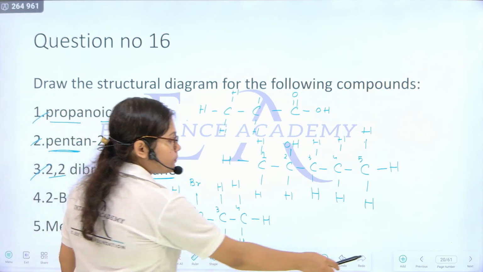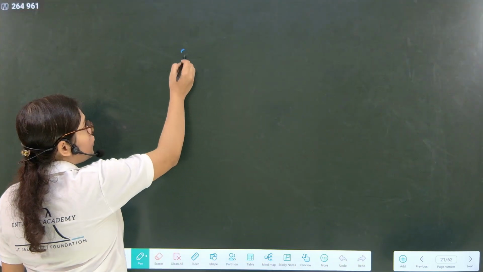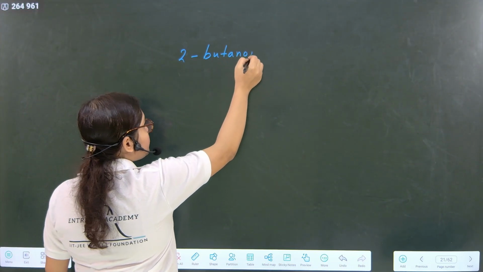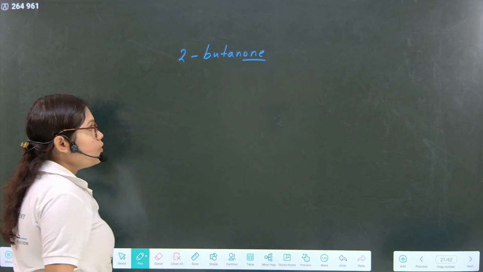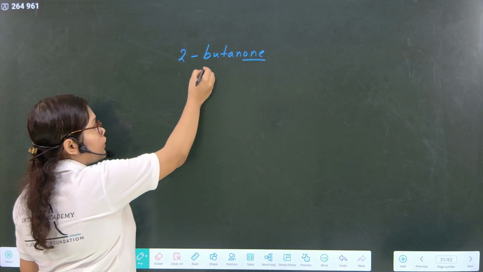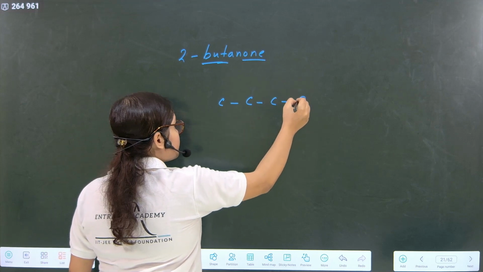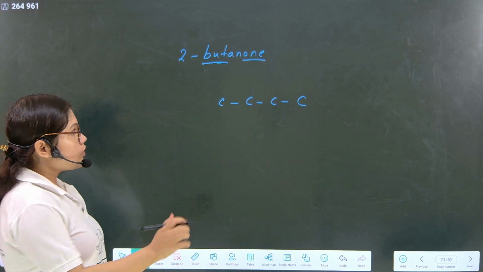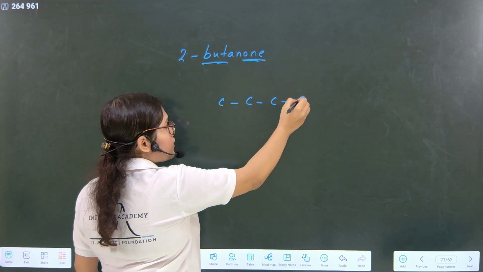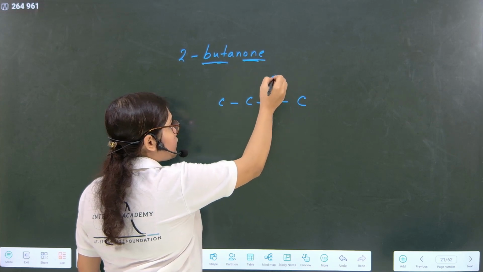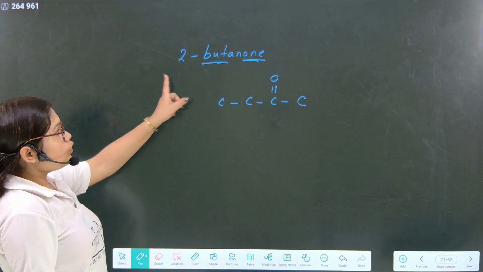2-butanol. Now, but is the root word but. Number of carbons 4. Butanol, that is this 2-butanol.